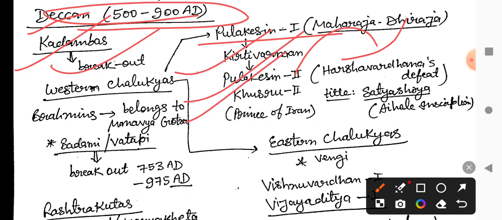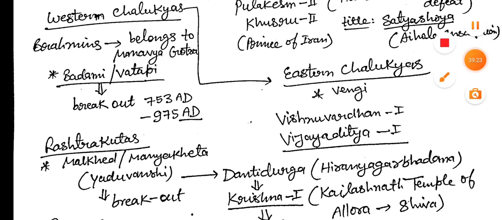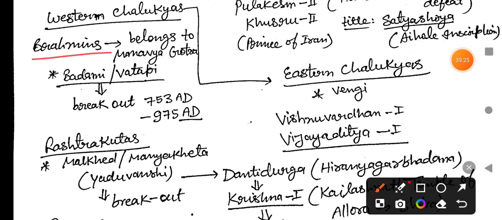After this, Khusru II, the prince of Iran, gave the title of Satyashraya to Pulakesin II. These are the Western Chalukyas, and they were Brahmins belonging to the Manavya Gotra.